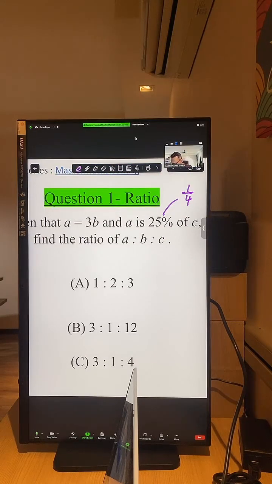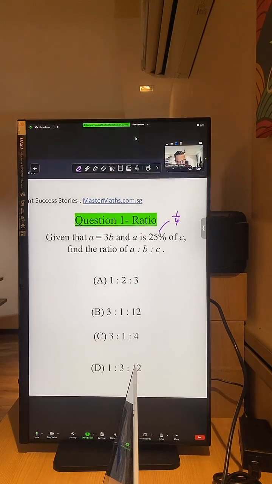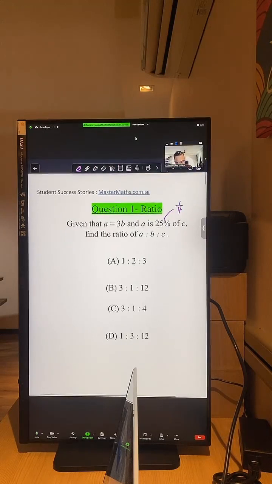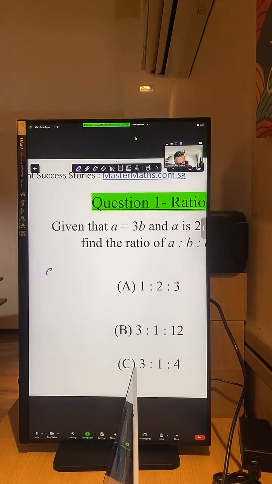But this is wrong. If A equals 3B, therefore A divided by B will give me 3, isn't it?